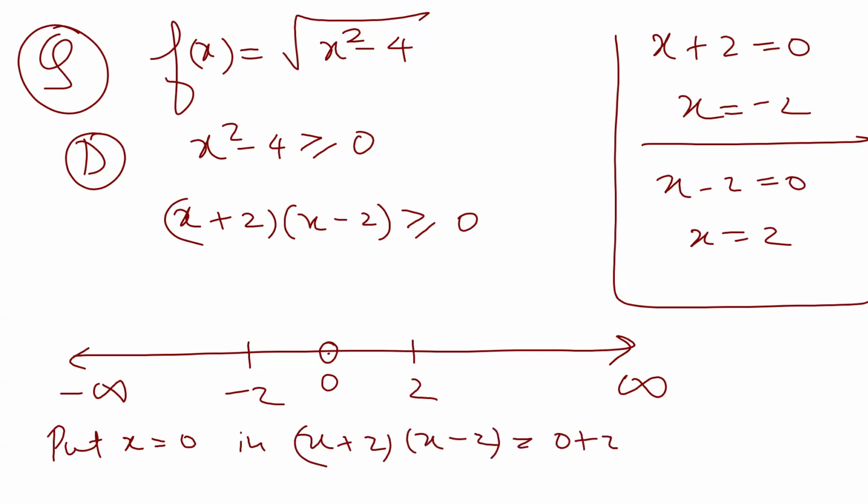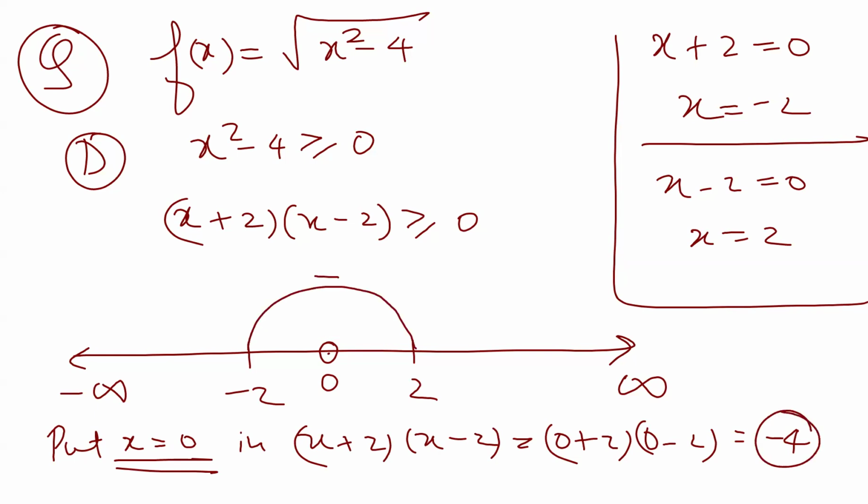So this is 0 plus 2 into 0 minus 2, which is equal to minus 4. So 0 is the representative of region number 2, right? The entire region becomes negative because we got negative 4 as the answer. Now the adjacent regions will be positive.